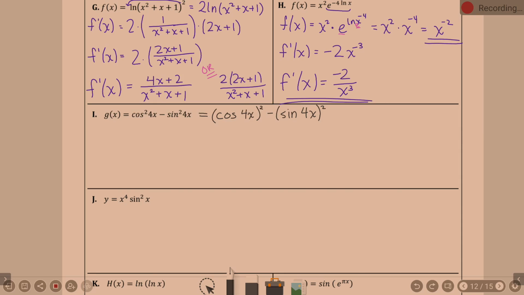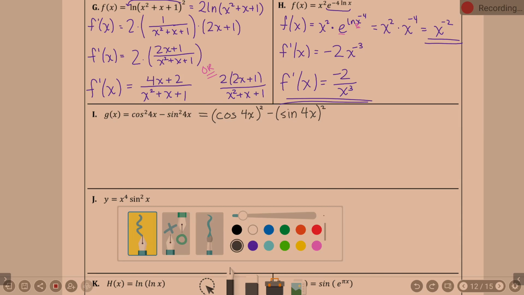Realize we did one like this yesterday. When it's cosine squared, sine squared, think of it as cosine, the whole thing raised to the second. Sine, the whole thing raised to the second. So cosine of 4x raised to the second. Sine of 4x raised to the second. Okay?